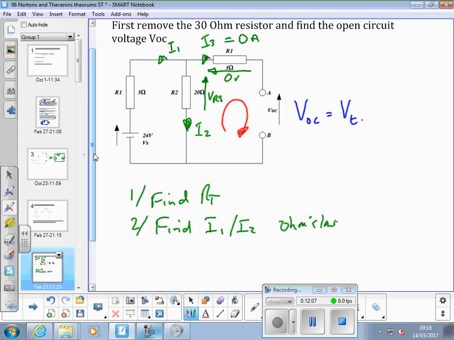How does that work? I'm not interested in values at the moment. This is VR2. There's one voltage. There's another one equal to nothing, but it could be there. There's a complete loop, isn't there? What does Kirchhoff's voltage law say about a complete loop?